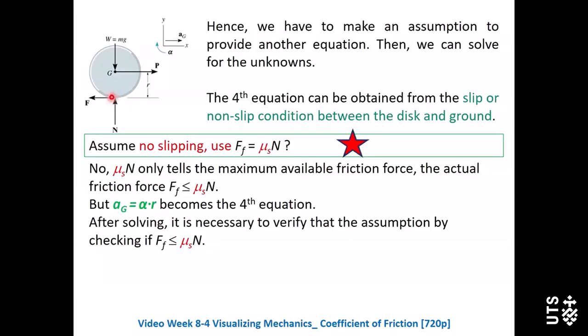If this is the IC point, based on our study before about rolling motion, we know the relationship between Ag, the acceleration at this circle center point G, and alpha can be easily determined.